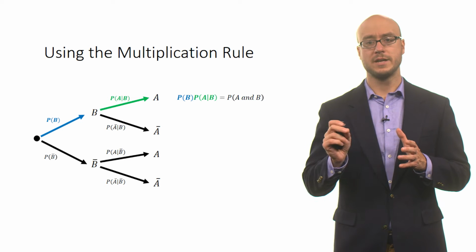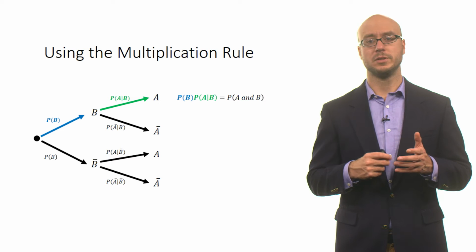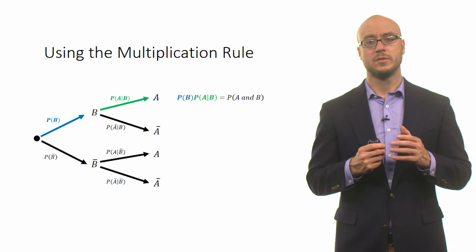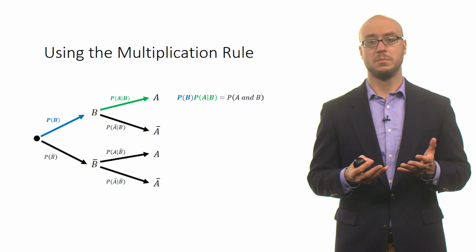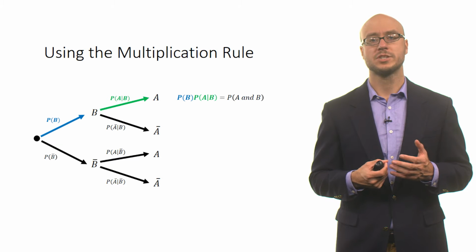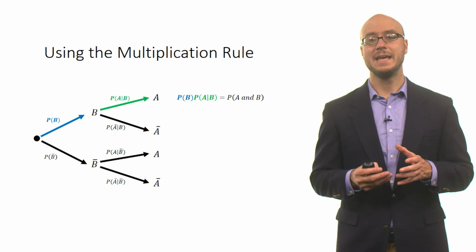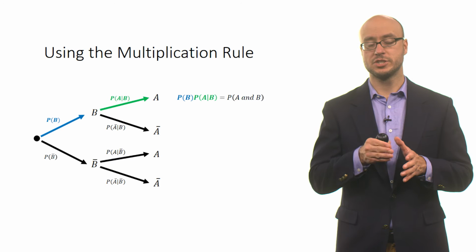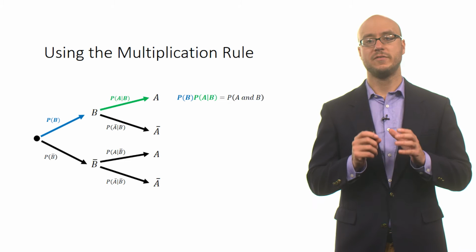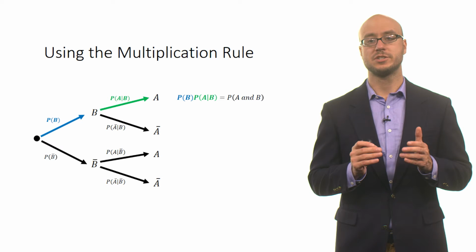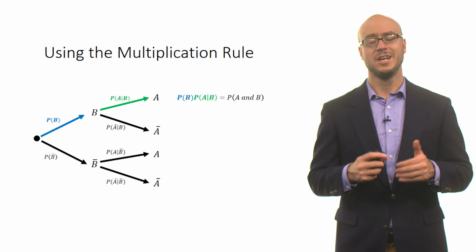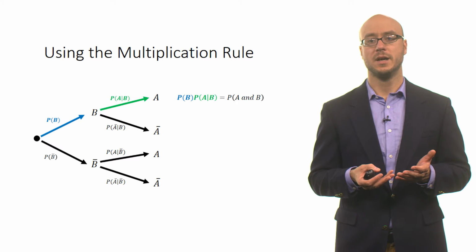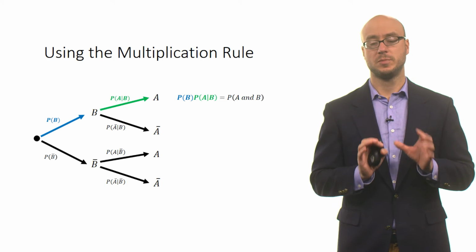So this branch right here, labeled in blue and green: the blue branch tells us the overall probability of B. That green branch tells us the probability of A given B, because B just occurred. And if you multiply those two probabilities together, you get the joint probability of A and B. That's the multiplication rule.